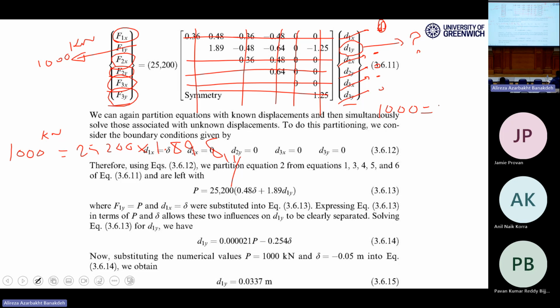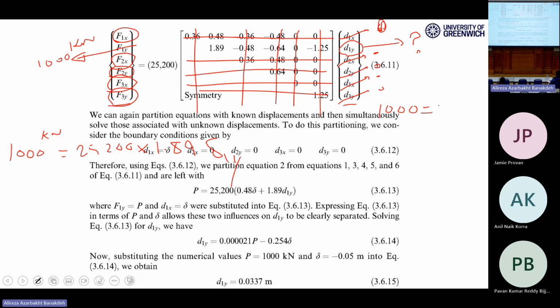However, we have a new guest here, which is the support settlement, right? We need to see how we can implement that support settlement into the process. If we didn't have the support settlement, this was the straightforward solution. We just eliminate rows and columns number 2, 3, 4, 5, 6, and only number 1 stays there, and you can calculate delta 1y very easily.